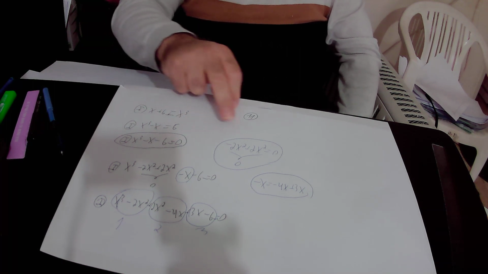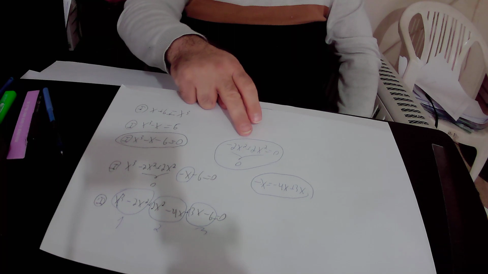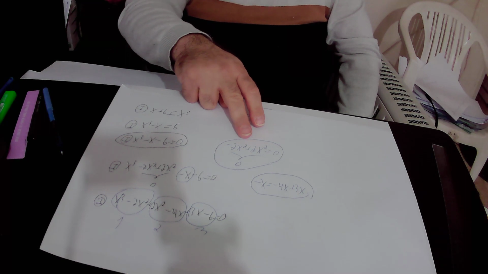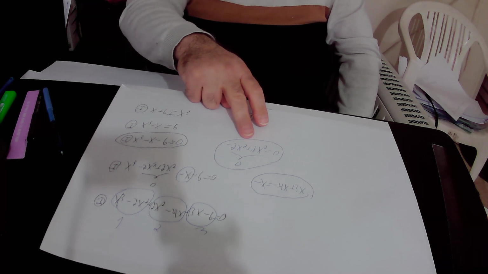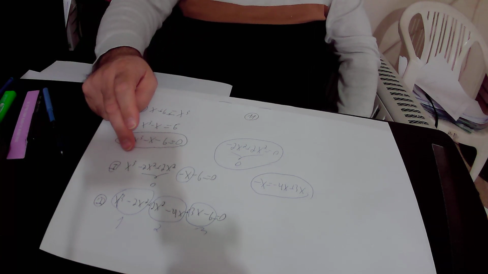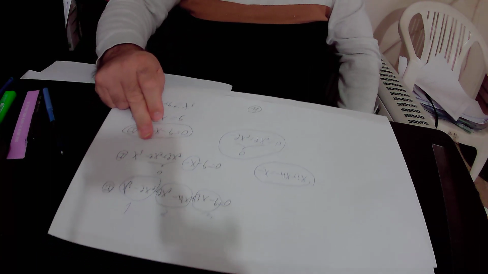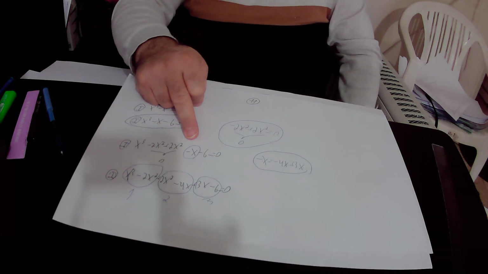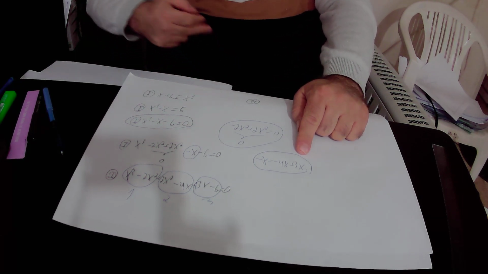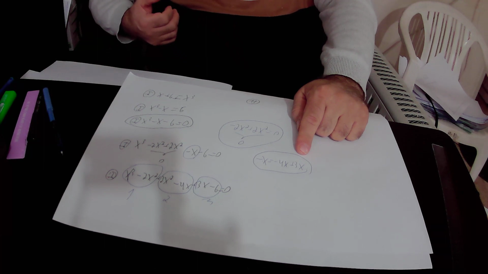Here we added to this equation number 1 minus 2x squared plus 2x squared, which equals 0, and it is allowable to add 0 to any equation, so we can add this expression that equals 0 to this equation, and we got this expression. Then we substitute minus x by minus 4x plus 3x, since minus x equals minus 4x plus 3x.